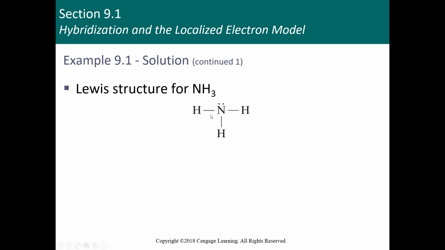Your bonding and your lone pairs added will give you that 4 here, which is your 4 electron domains. All right, now, electron domains are always composed of bonding and non-bonding electron domains. Bonding electron domains, non-bonding electron domains, or lone pairs.